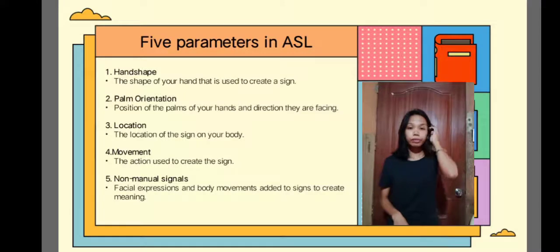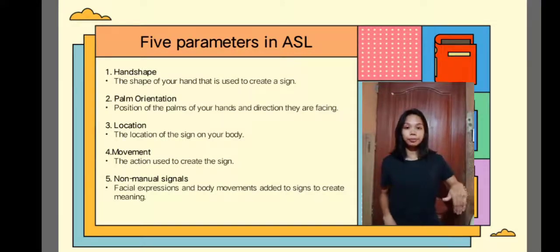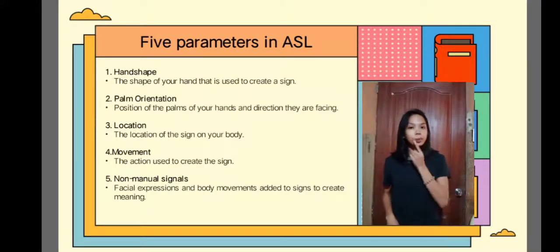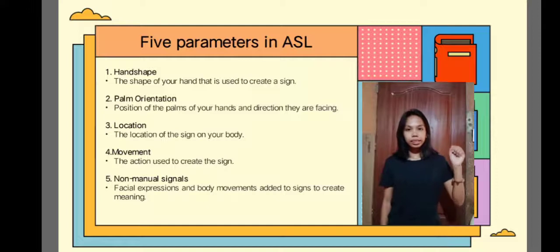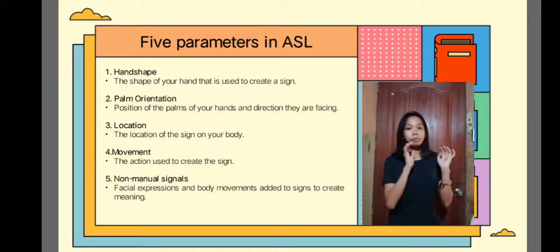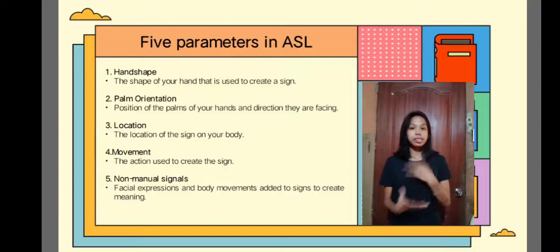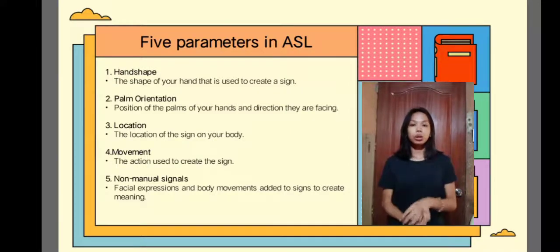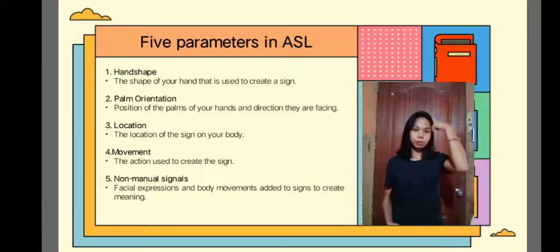As you observe, when I sign not yet, my mouth is open, and you can see my tongue also. When I sign late, my mouth is closed. The movement and the hand shape are the same, so the only difference is my facial expression.